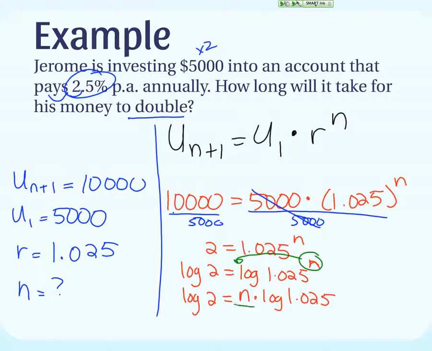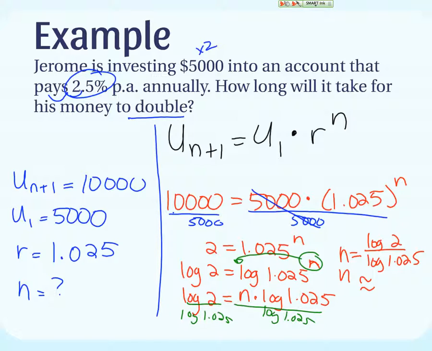Then I can divide by that log. So I'll have to use my calculator, but n equals the log of 2 divided by the log of 1.025. So we'll have to estimate that. So go ahead and calculate that on your calculator.